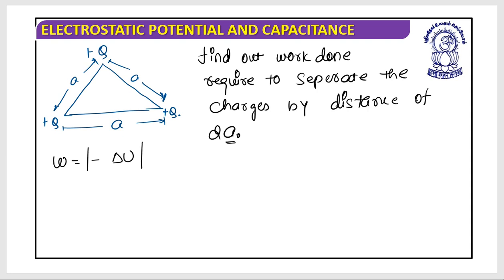I will decide later whether it is positive or negative, but currently working with the positive only. So work done is equal to U final, the final potential energy, minus the initial potential energy. But what is the final potential energy and what is the initial potential energy?